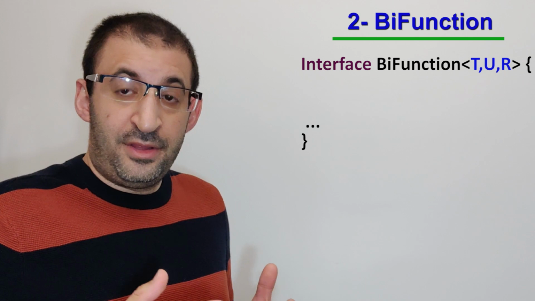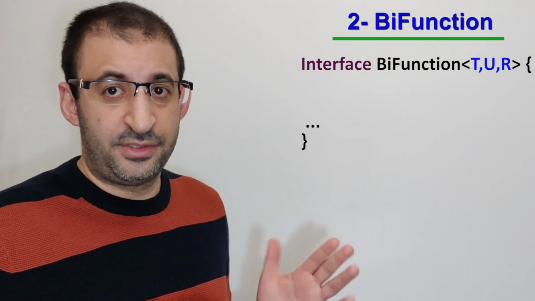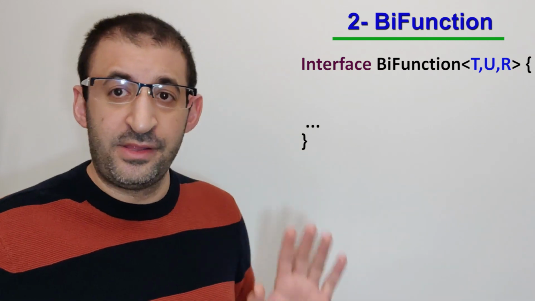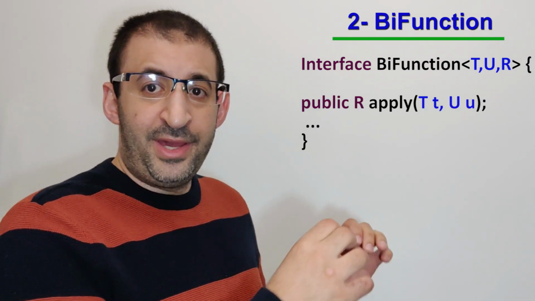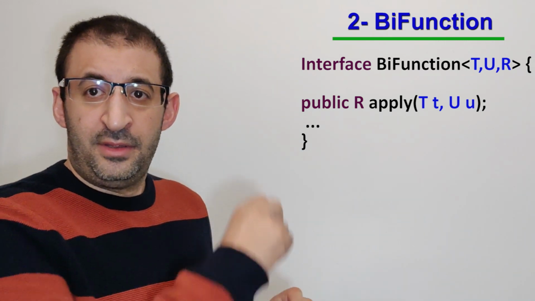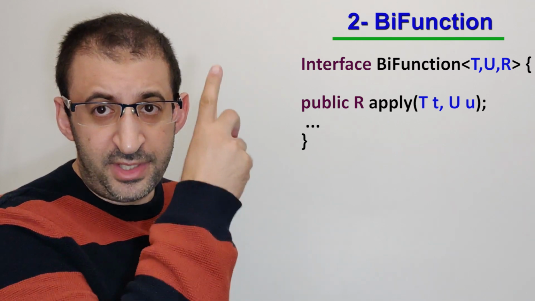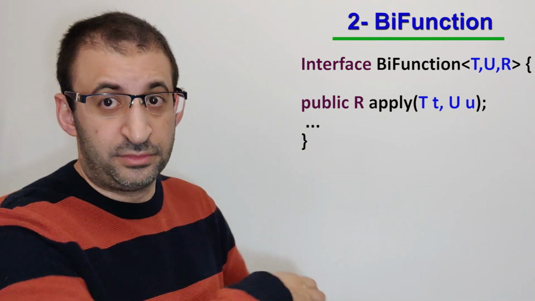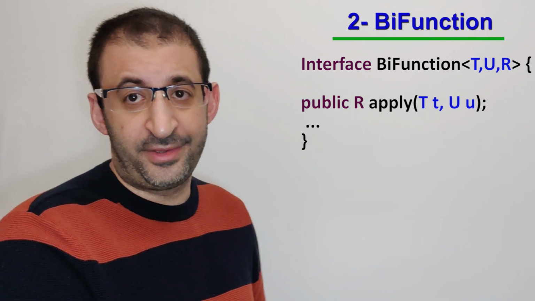And the abstract method is the same as Function's: apply. Apply takes two input arguments, T and U, and returns the R type.